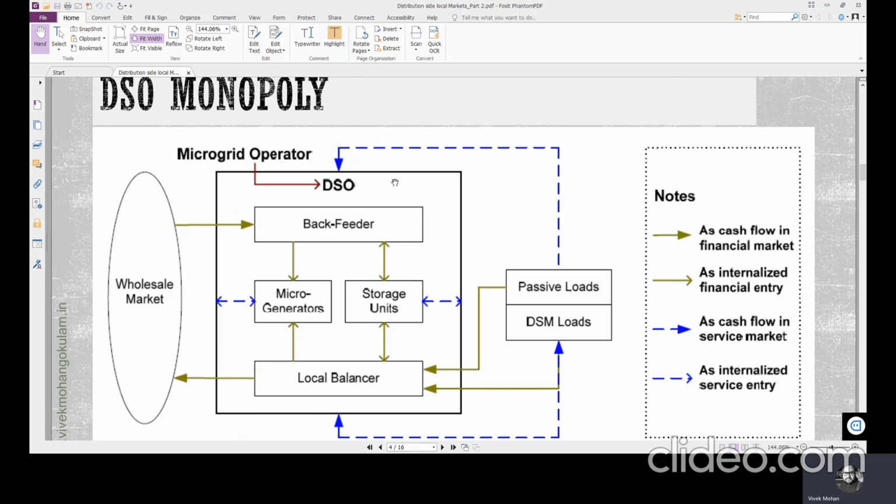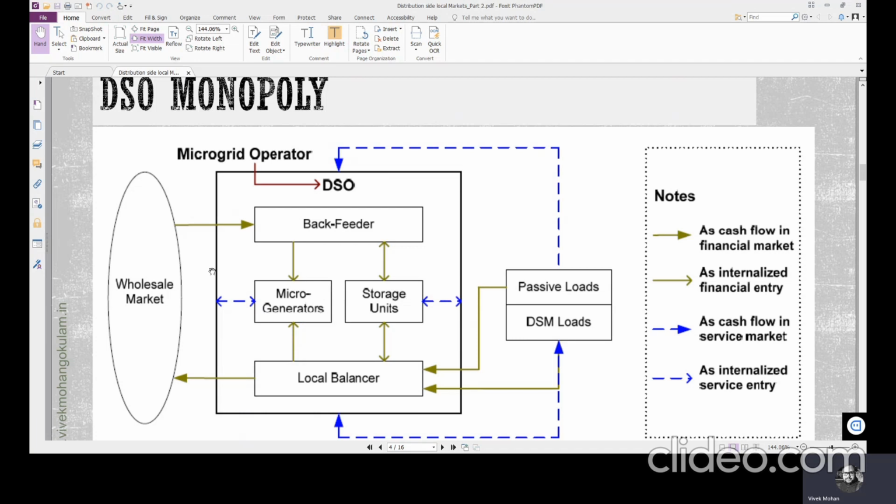I mean, in this single player context, both integration and operation of DER units, that is micro generators, storage units, everything is DER units, right? The integration and operation of DER units are undertaken by the DSO, which means the technical and financial consequences of the microgrid conversion is DSO's sole responsibility.